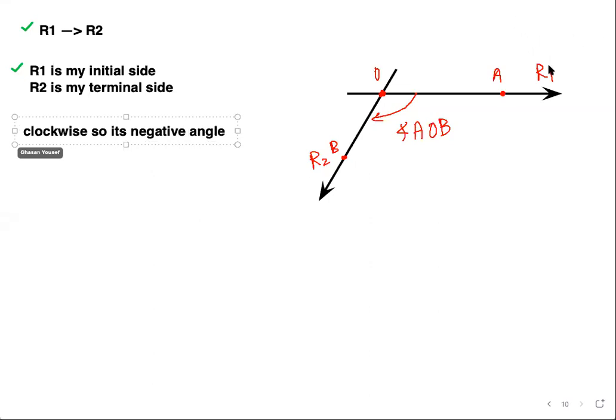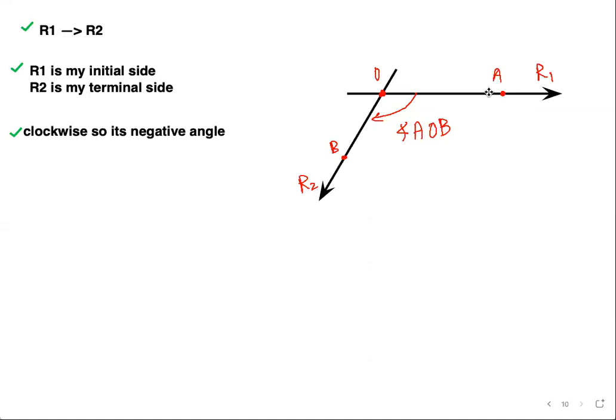So I start answering with the first step: R1 goes to R2. I'm looking for R1, and I'm looking for R2. I look at the direction, the rotation I mean.